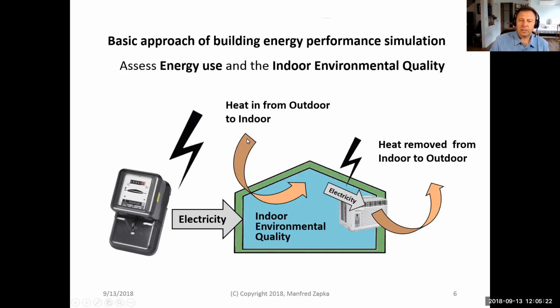And we have heat coming in from the outdoor. And again, we are speaking here only for Hawaii, where we have a hot and humid outdoor, and we want to achieve a cool and comfortable indoor environment. So the heat which comes in has then to be removed by some kind of device, and it could be a mechanical cooling device, or it could be naturally ventilated.